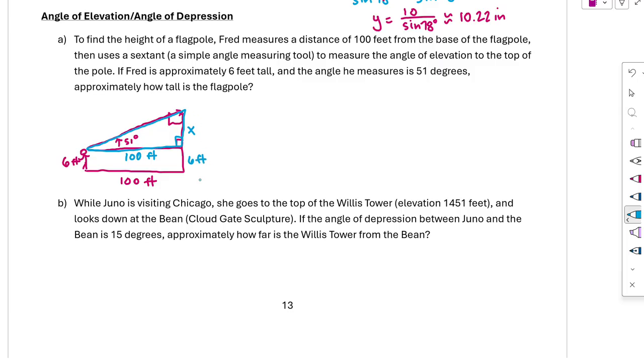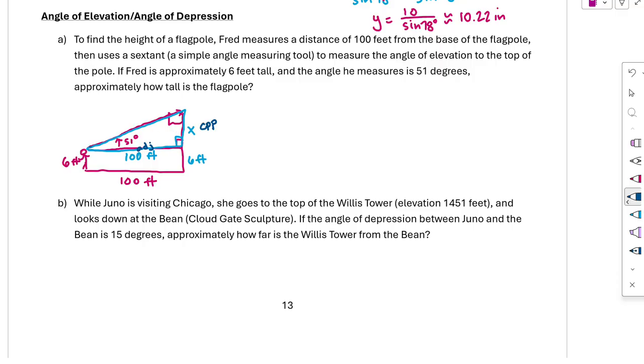Okay, so hopefully drawing a nice little picture of the situation is very helpful. We have the angle of 51 degrees, and as you can see, x there is the opposite side, and the 100 feet is the adjacent side. Notice I don't actually care about the hypotenuse because it doesn't have any information on it.